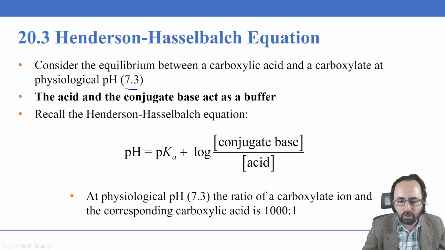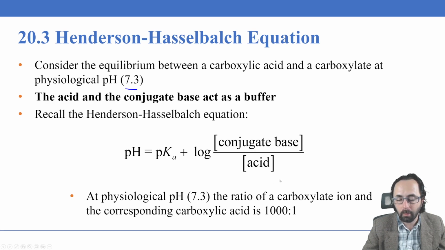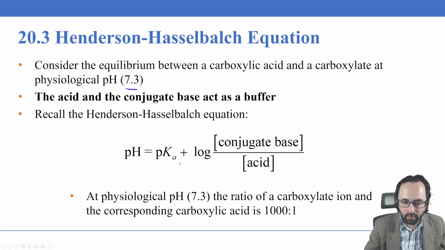So at physiological pH, the pH is 7.3. However, for the carboxylic acid, the pKa is around 5, right? So what we can do is rearrange this equation in order to solve for the ratio of the acid to the conjugate base. Let's do that really quick.